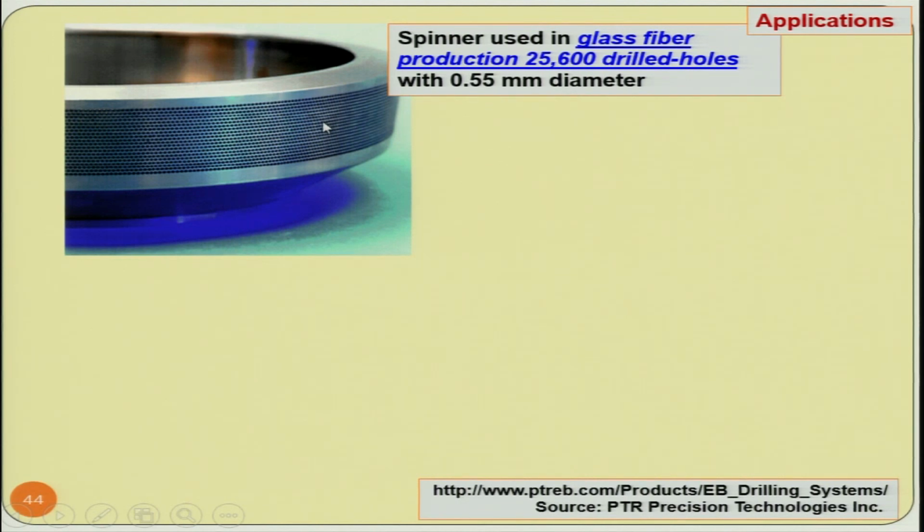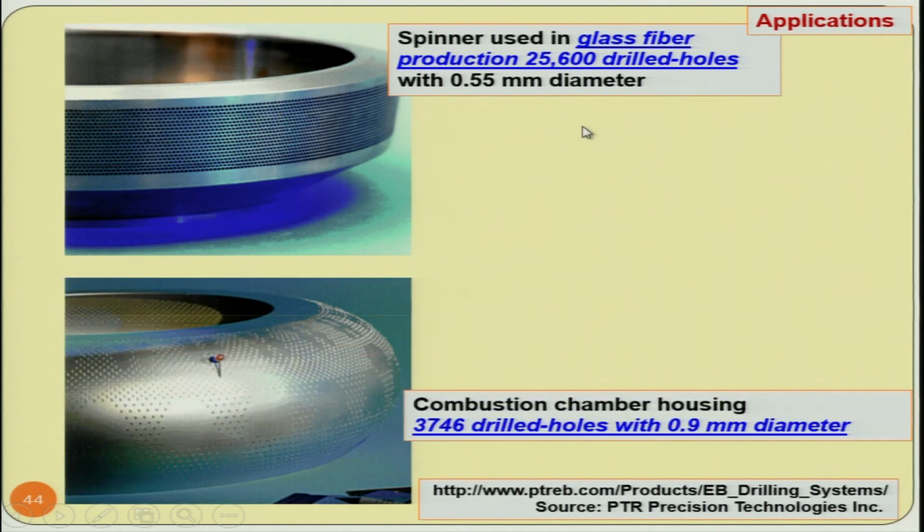So these are the drilled holes, 25,600 in number, and the diameter is 550 micrometer, that is 0.55 millimeter. Now here is the combustion chamber housing. 3,746 drilled holes are there in a certain area with 0.9 millimeter as the diameter.